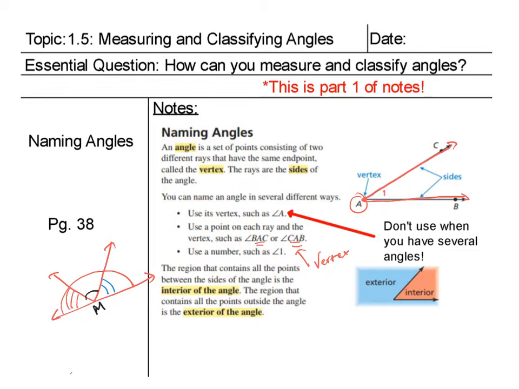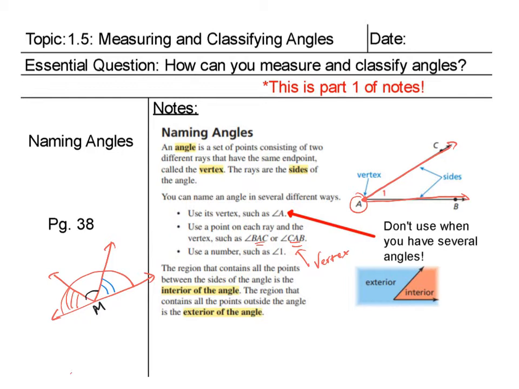The last way that you'll often see angles labeled is by a number. In your homework, for example, they like to put 1 or 2 to denote the same angle. So 3 different ways. You can name it using the single vertex, which you want to be careful of. You can name it using 3 points with the vertex in the middle and 2 other points that are on the rays that form the angle. Or you can name it using a single number. Do you have questions on how to name an angle?